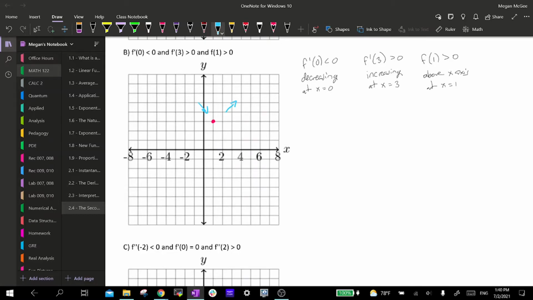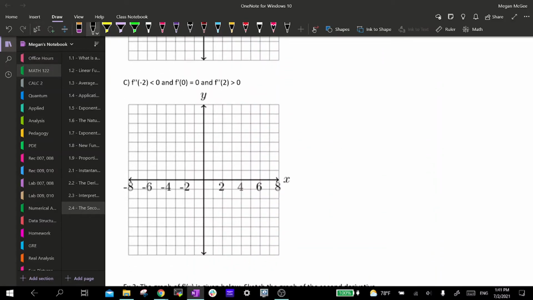We're not told anything about concavity, just that we must be going down at 0 and up at 3, and we're going to go through the point that I've picked here above the x-axis at x is equal to 1. So the simplest curve I could think of that would work here would be a parabola. Alright, so we are decreasing at x is equal to 0, increasing at x is equal to 3, and we are above the x-axis.